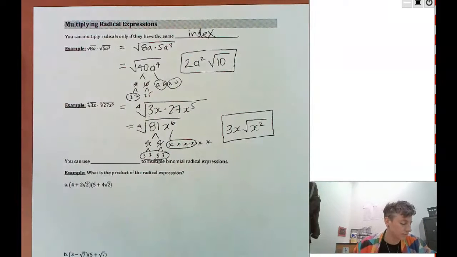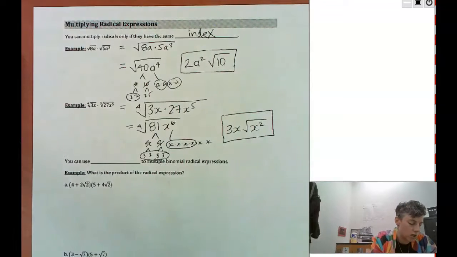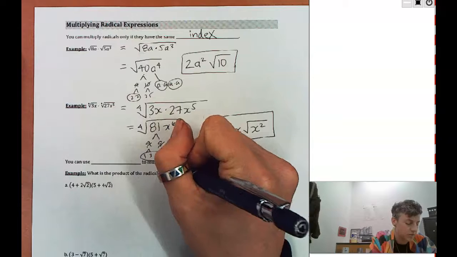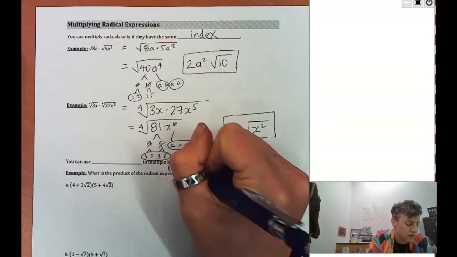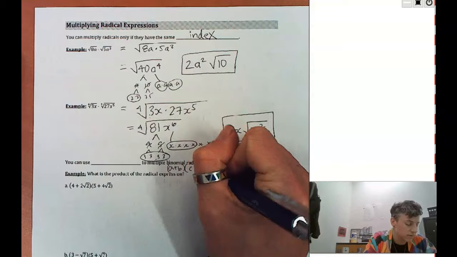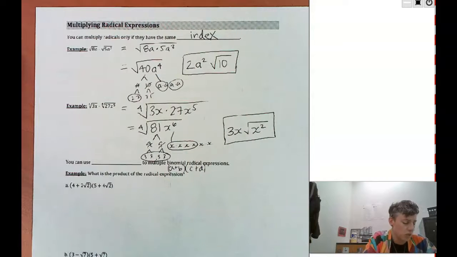Okay. You can use the distributive property to multiply binomial radical expressions. What are binomials? They are 2 names, 2 terms, a and b. So if you had (a + b) times (c + d), what would you do?